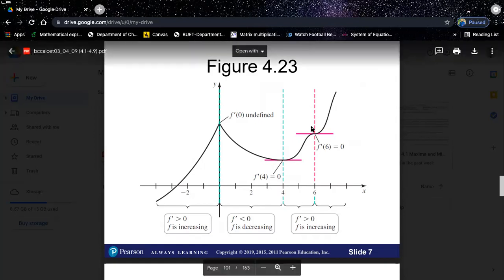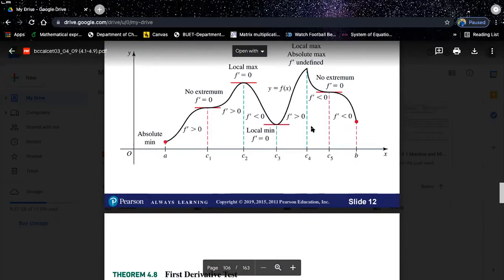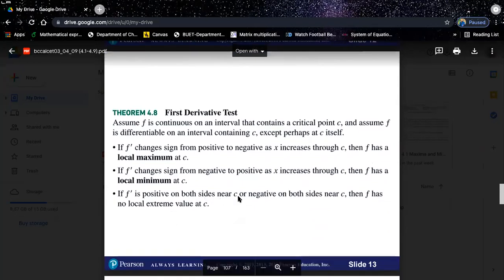Now, what happens when this happens? This is the case. So our statement says, if f prime is positive on both sides near C, or if it's negative on both sides near C, then f has no local minimum or maximum.